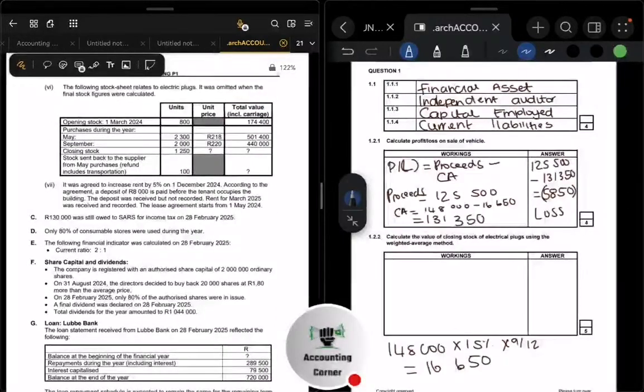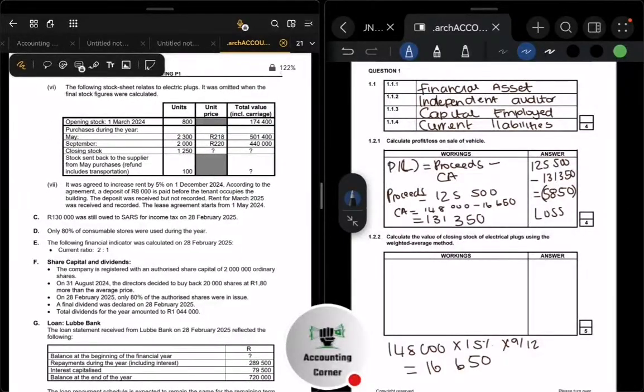They gave us the following stock sheet relates to electric plugs. It was omitted when the final stock figures were calculated. And then they've given us all this information. We have 1,250 units left.